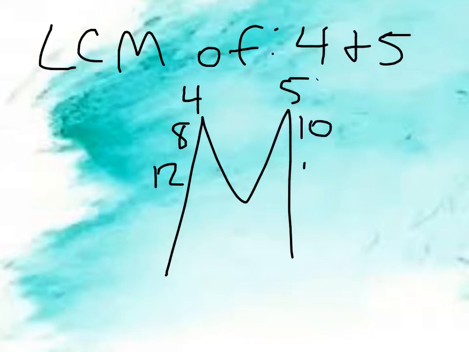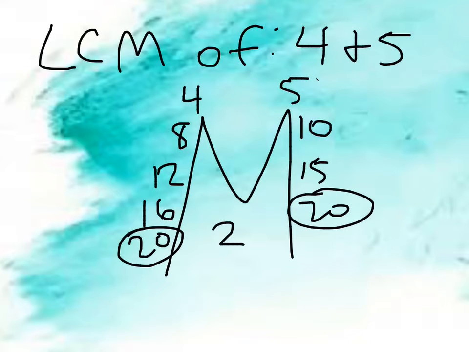Alright, pause the video if you need more time. I know I didn't give you much, but I assumed that you would have paused the video. So 4, 5, 4, 8, 12, 16, 5, 10, 15, 20. You should have gotten that your LCM was 20.